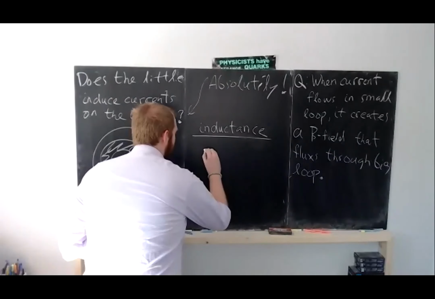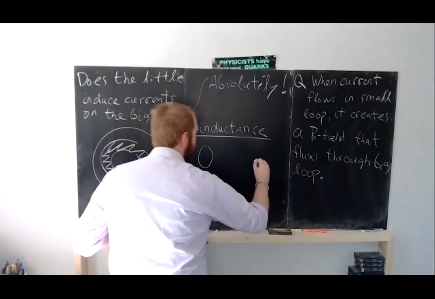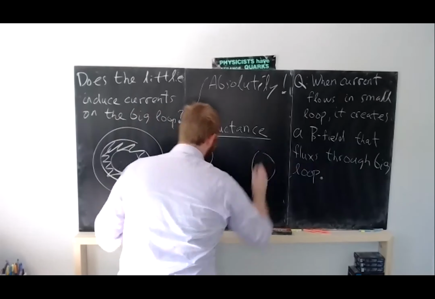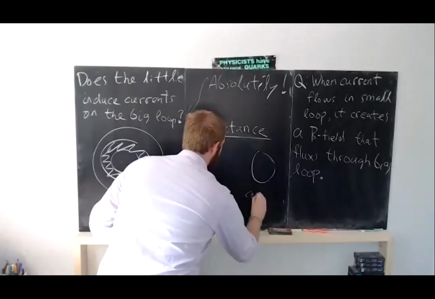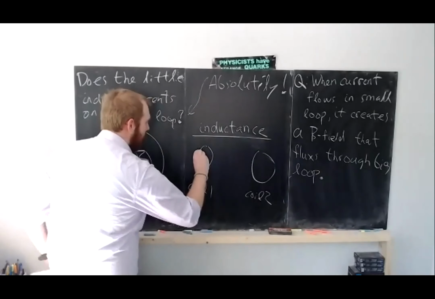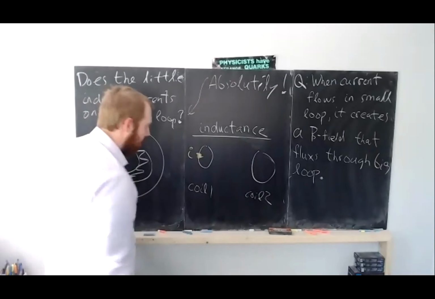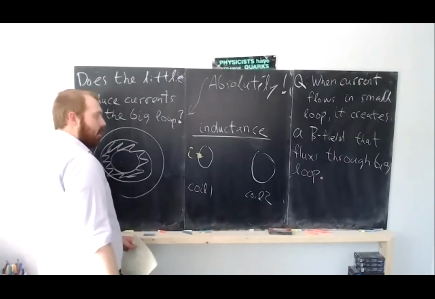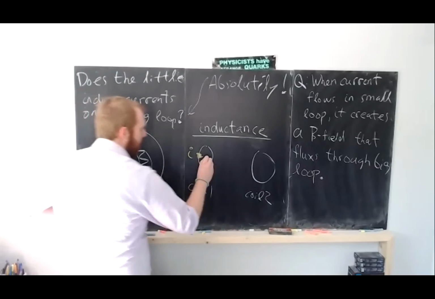Here's the schematic way to think of this. Here's one loop, and I'll put the other one over here. So I'll call this coil 1, coil 2. Coil 1's going to have some current. I'll label it lowercase i. It'll have some current going through it, which means it creates a magnetic field that does this.